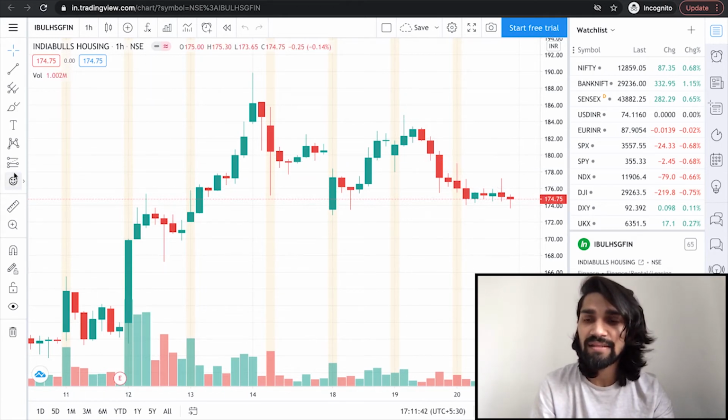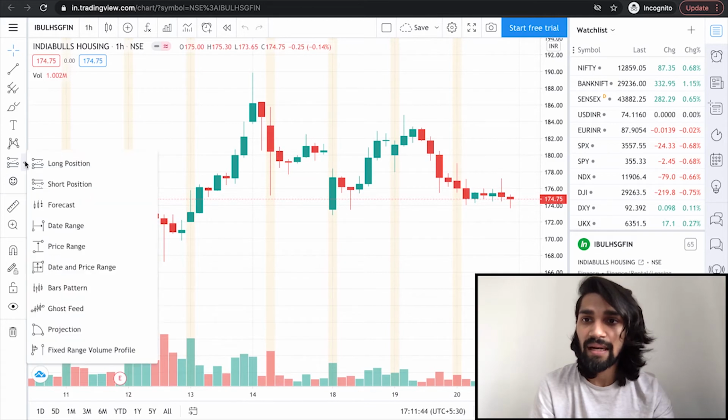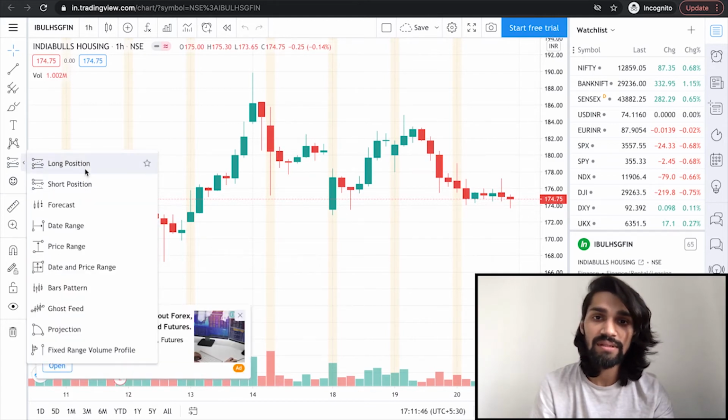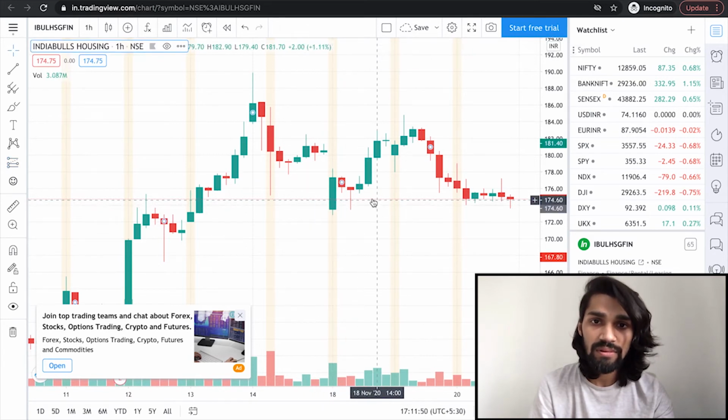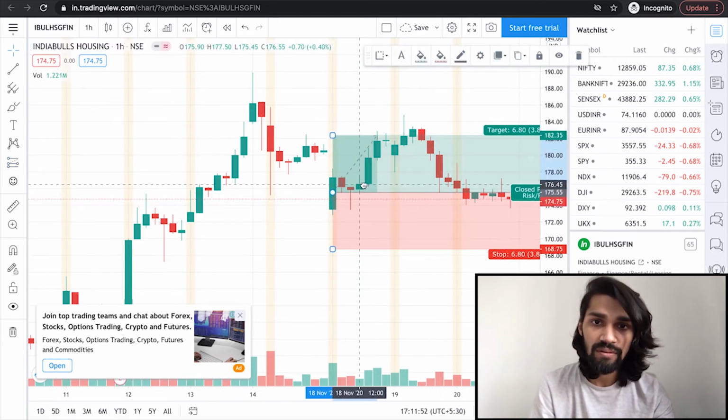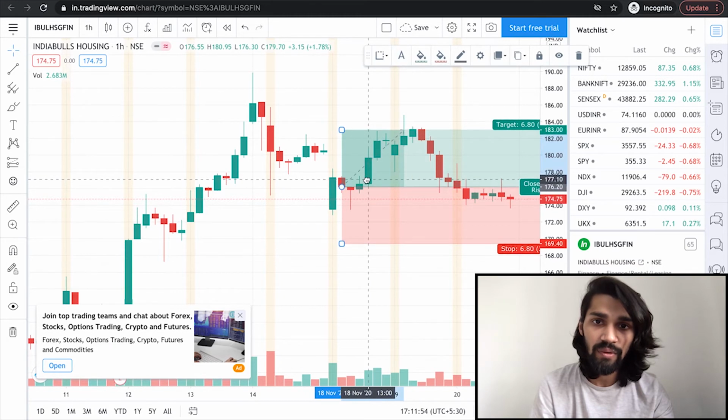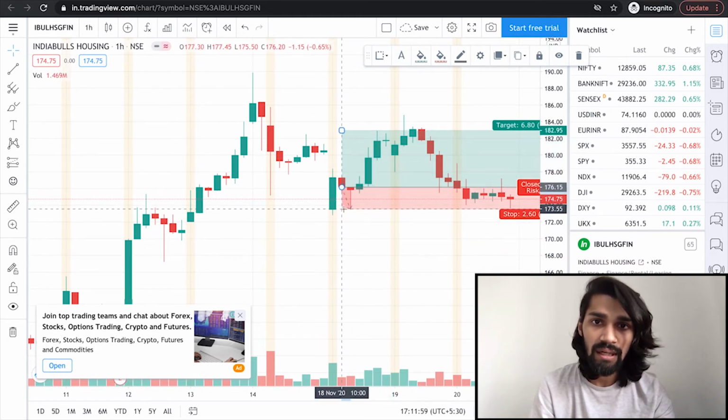So you click this, you click here, and you select long position because we are going for a buy position, and you set it over here. So we will enter the trade at this point. We'll set the stop loss till here, and we'll set the first target somewhere over here.